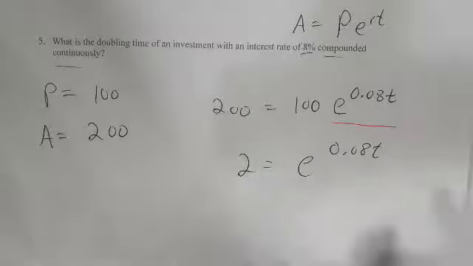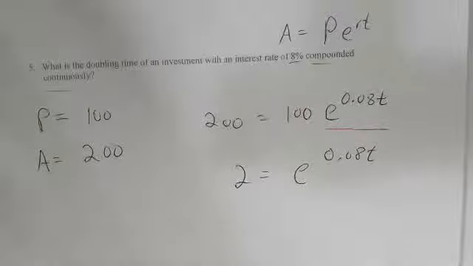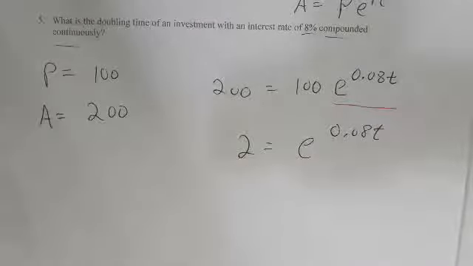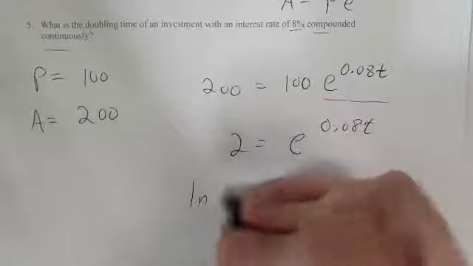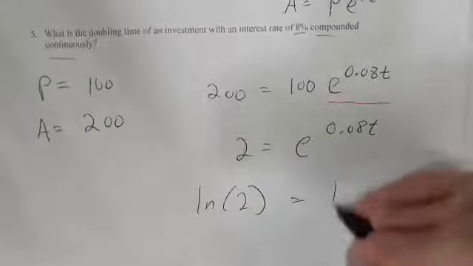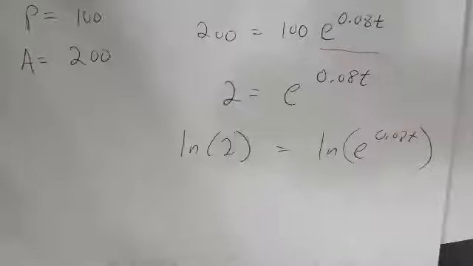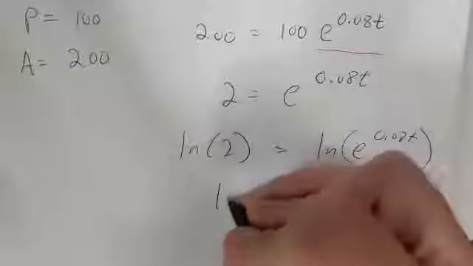So this thing is our factor, the e to the whatever. If we get our e by itself and want to get rid of it, how do we get rid of an e? This is a natural exponential, so we have to take a natural log. If I take a natural log of 2 and a natural log of e to the 0.08t, this is just going to give me a natural log of 2.